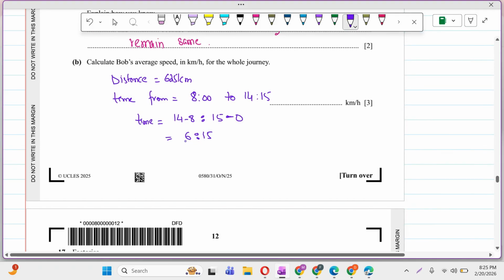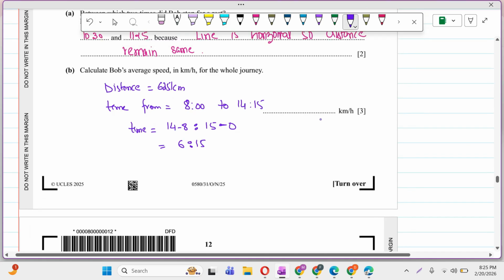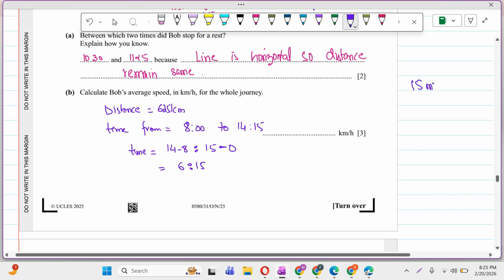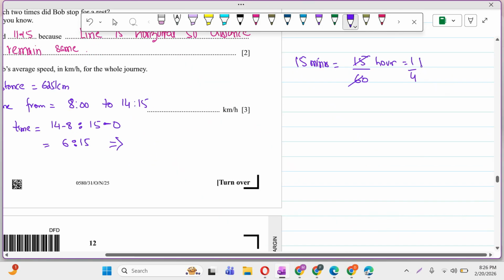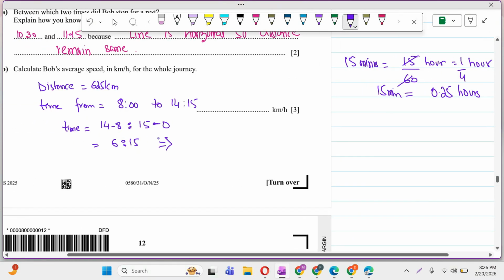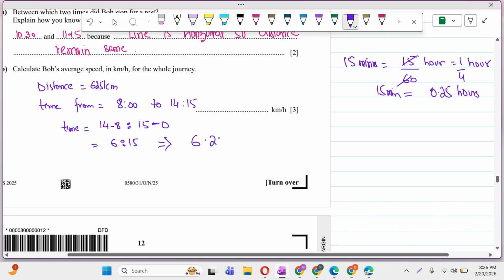He takes 6 hours and 15 minutes. And 15 minutes is equal to 15 over 60 hours. So this one is equal to 1 over 4 hours, and this one is equal to 0.25. So we can say that 15 minutes is equal to 0.25 hours. So this one is equal to 6.25 hours.